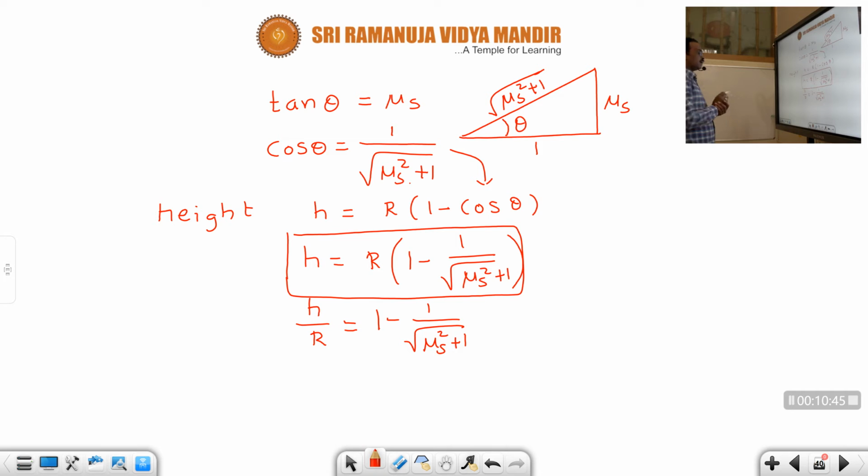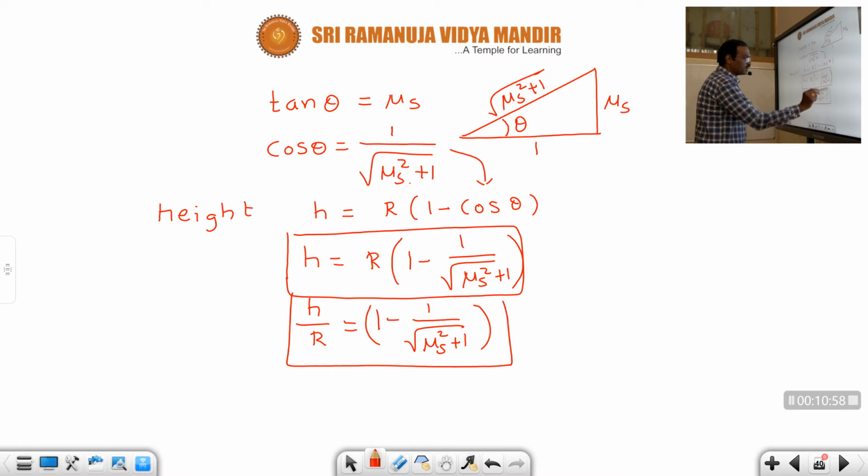This is the height raised in terms of mu s. You can simplify here also. Now using this relation, you can find the mu s value also. Once h and R are given, we can sort out the mu s value, and by giving the mu s value, you can find the h value also.